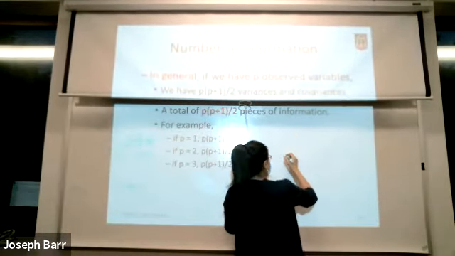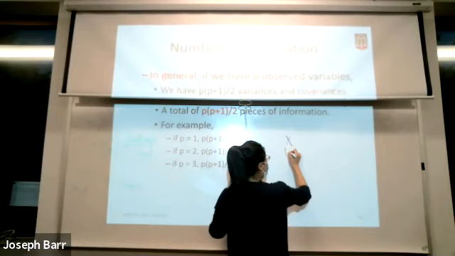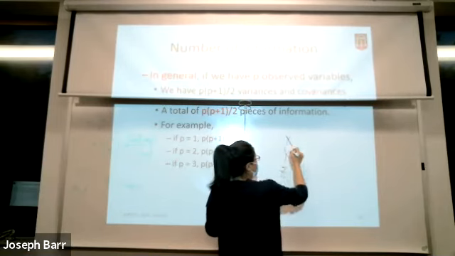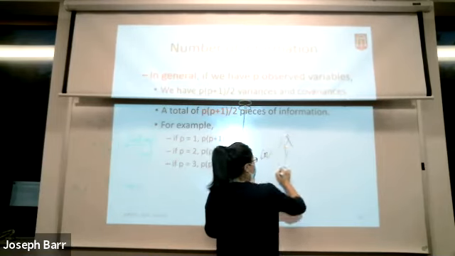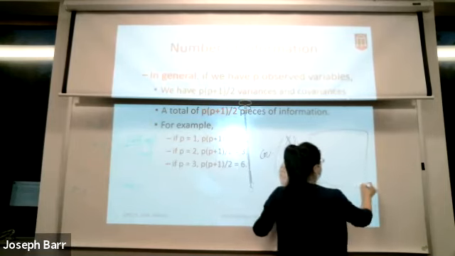Let me change it to another example. Suppose we have 3 variables, X, Y, Z. The covariance matrix of these 3 variables will be 3 by 3.